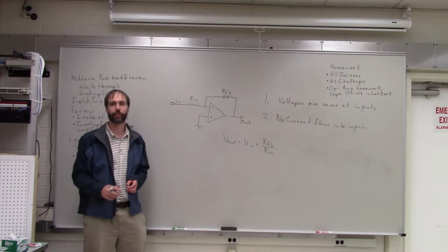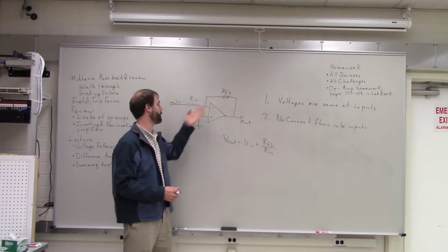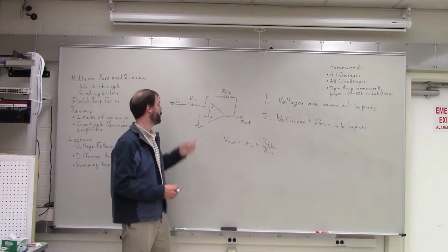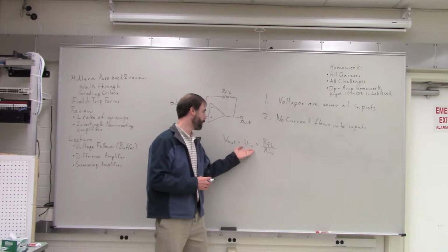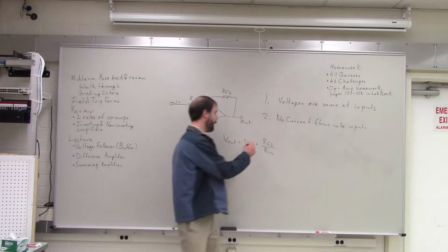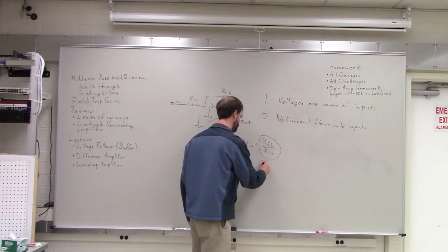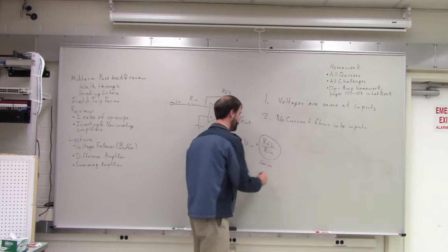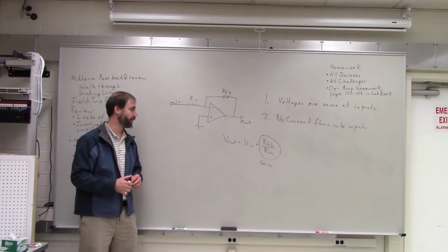Okay? So if we had a 10 kilo ohm feedback resistor and a 1 kilo ohm input resistor, then our output voltage would be 10 times bigger than our input voltage. And we called this the gain. This is how much bigger the output was than the input.